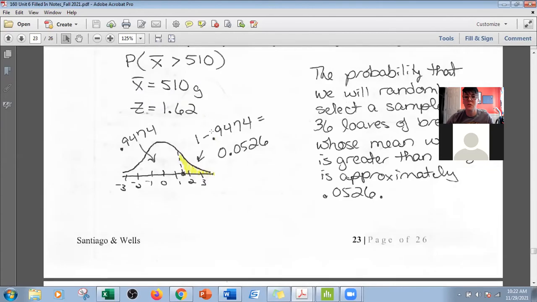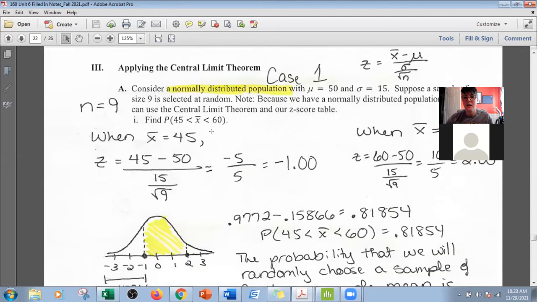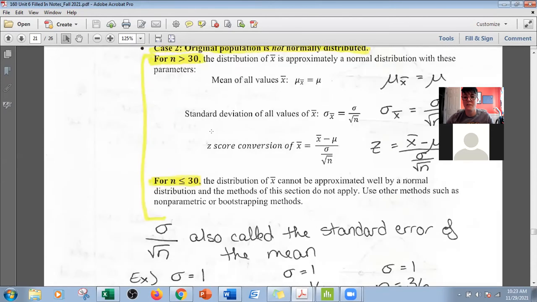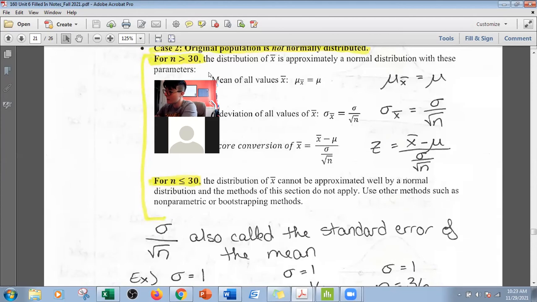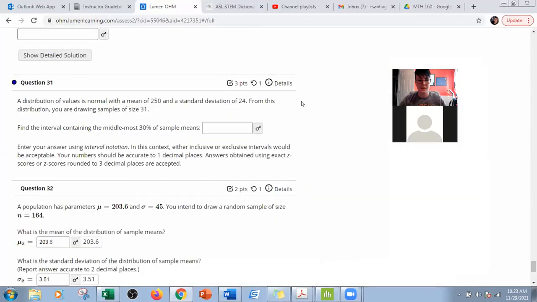If we scroll up, we see that we have a formula for finding the z-score. I'm going to write this down: z is equal to the sample mean minus the population mean, divided by the population standard deviation divided by the square root of n. That's the information we are given in this case.